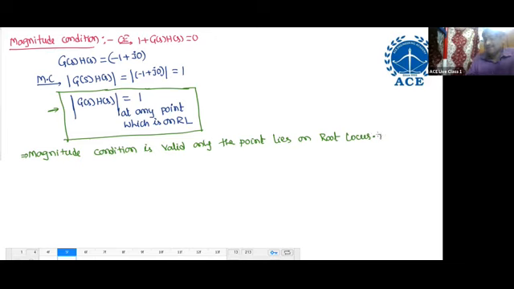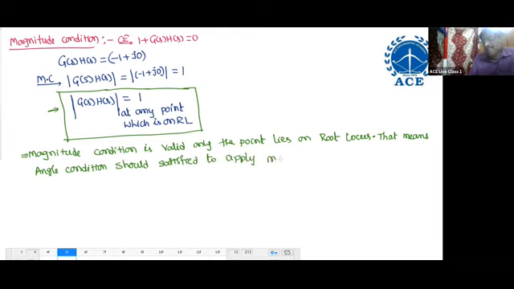That means the angle condition must be satisfied to apply the magnitude condition.